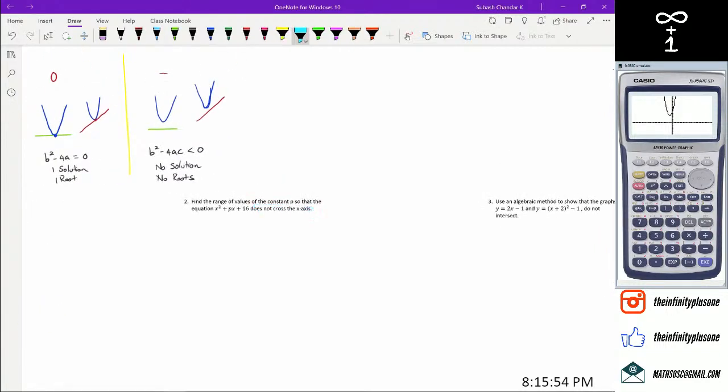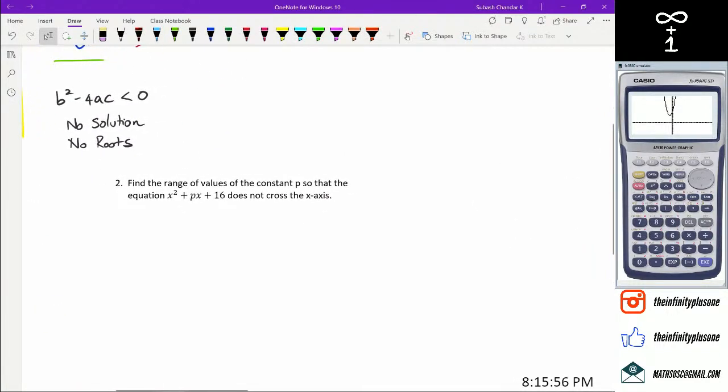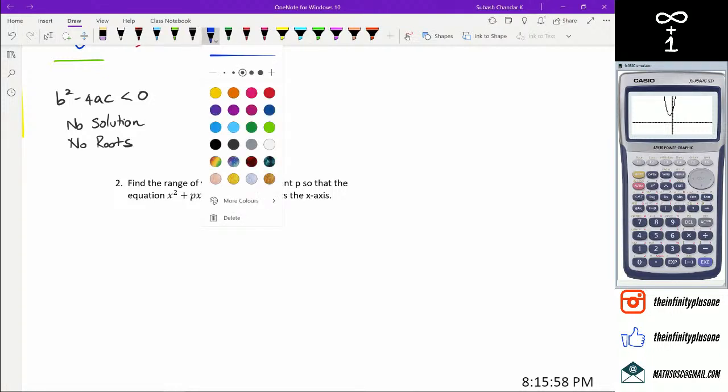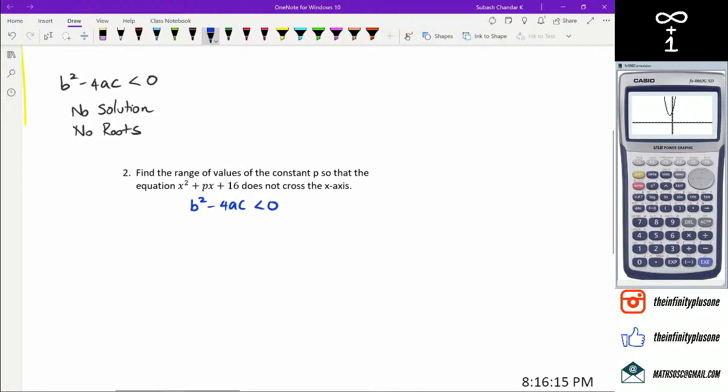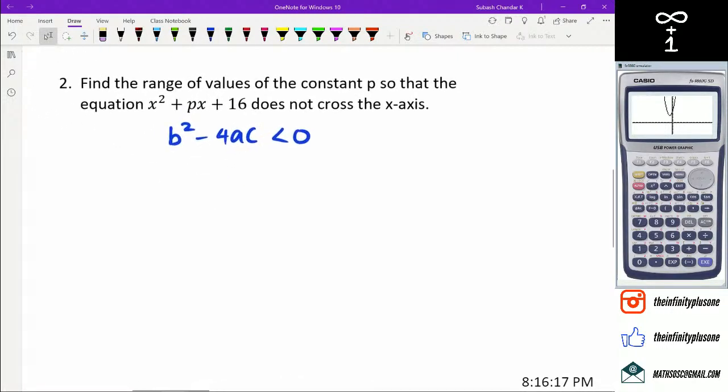So because it doesn't cross the x-axis, we know that the discriminant has to be less than 0. So what we've got is b squared minus 4ac is less than 0. That's the first thing that we need to understand.